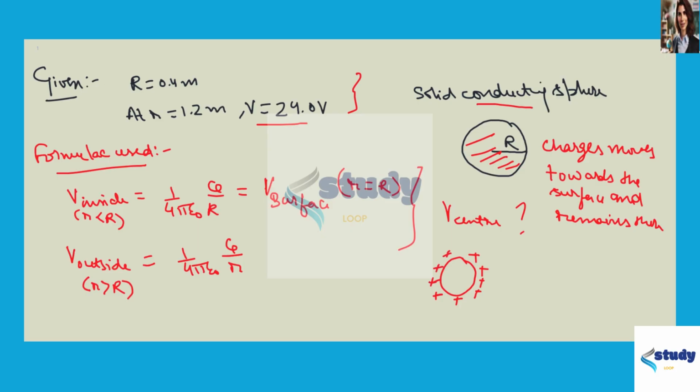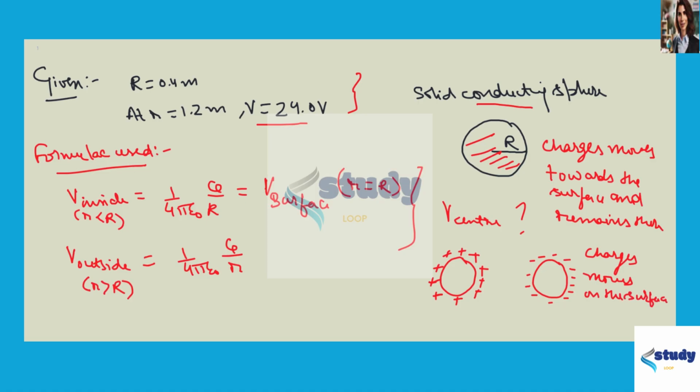This plus charge will go onto the surface. If it has negative charge, the surface will have the negative charge. So the charge inside this conducting sphere is 0. So there is no charge anymore. And similarly for negative charge, there is no charge within the sphere. The charge moves on the surface.